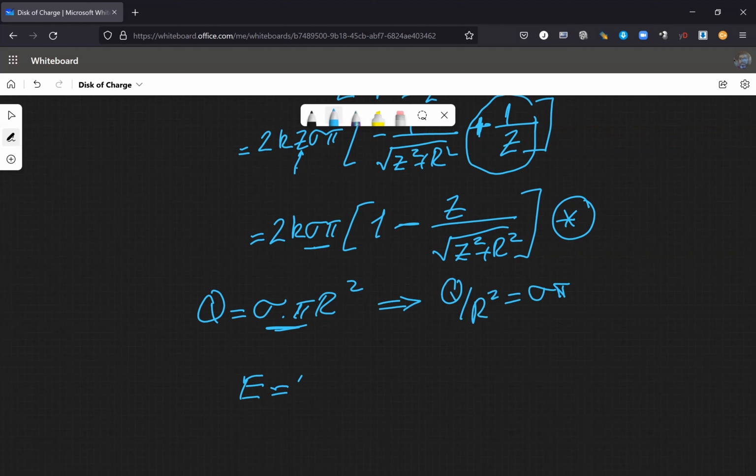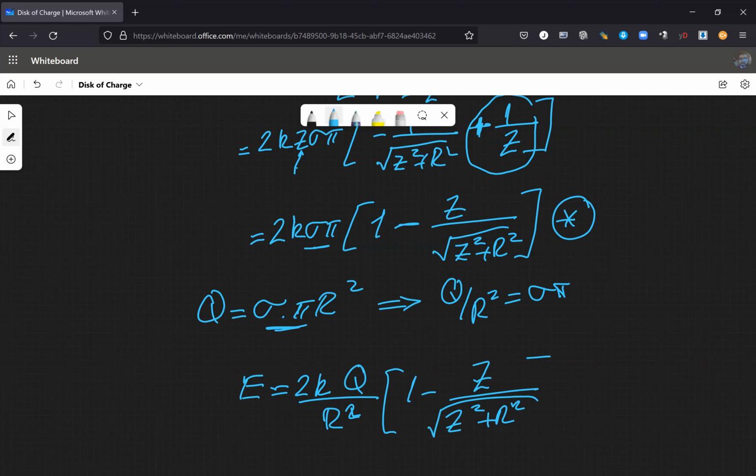So here's the 2k sigma pi q over r squared times 1 minus z over the square root of z squared plus r squared. And this is it.